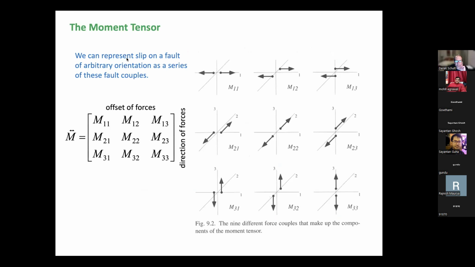So we can represent slip on a fault of arbitrary orientation as a series of these fault couples. So m sub 1,1, m sub 1,2, m sub 1,3, and so on. The second number indicates the offset of forces, and the first number indicates the direction of the forces.